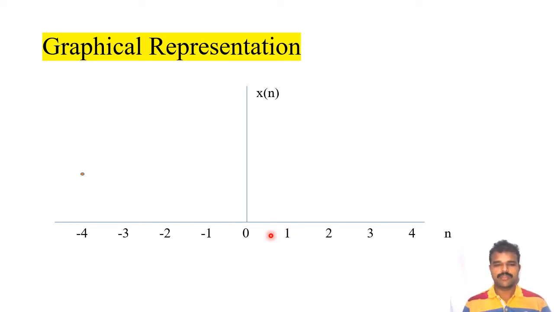Now let the value of the function at n is equal to -4 be say some 0.9, and at 3 it will be something like -0.8. So this is how we plot it. So this way we represent the signal values.